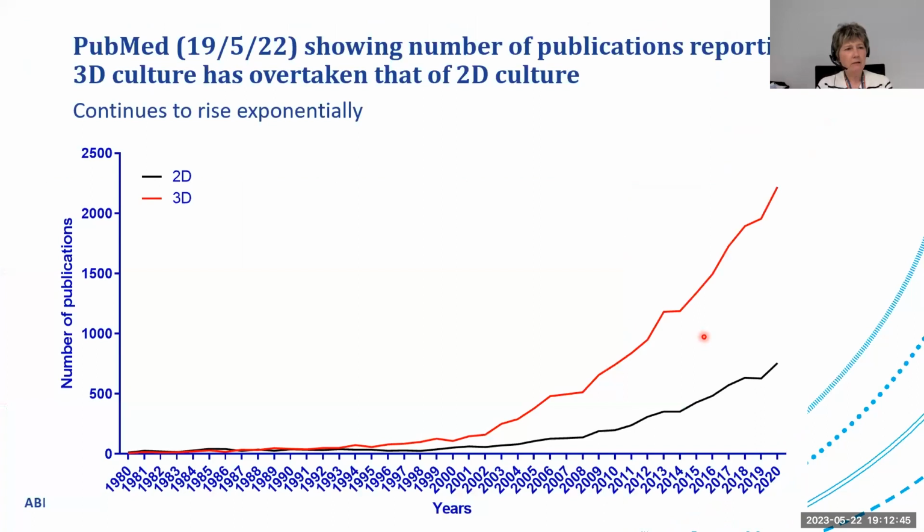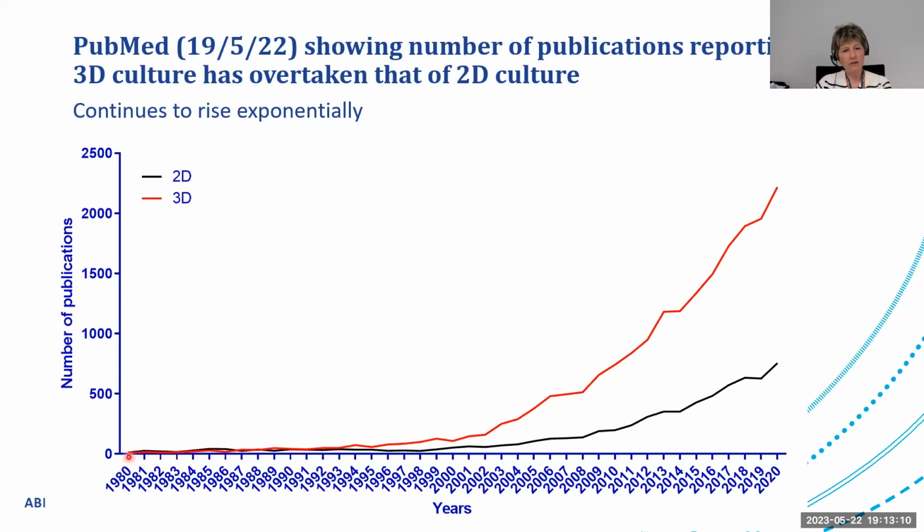While I was preparing for this webinar, I took a look at PubMed towards the end of last week. And I mentioned the simplicity of two-dimensional cell culture. But more recently, three-dimensional cell culture has been very popular. And I looked back at PubMed from 1980 through to 2020.